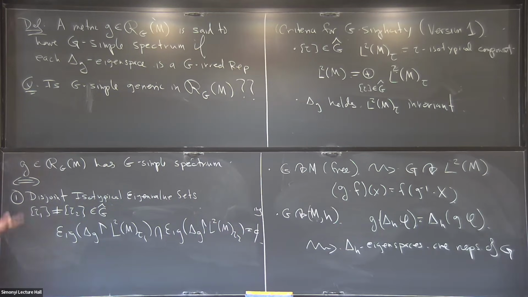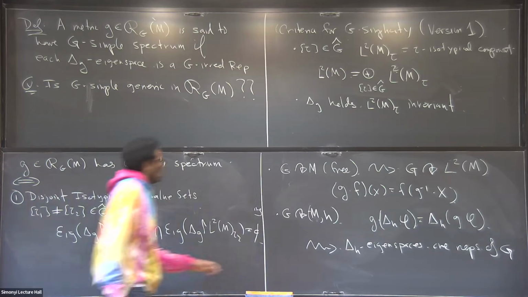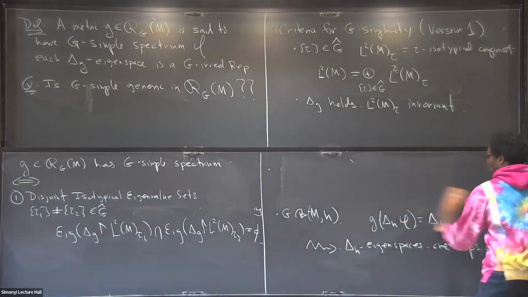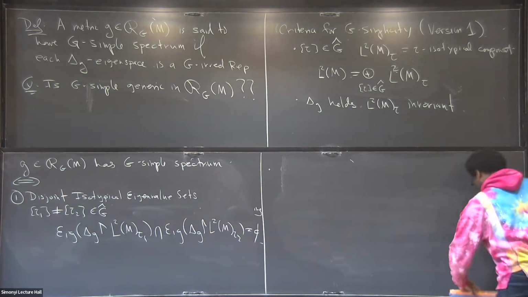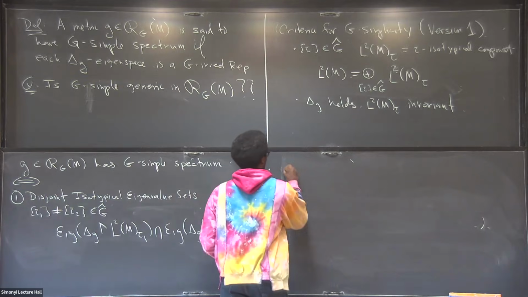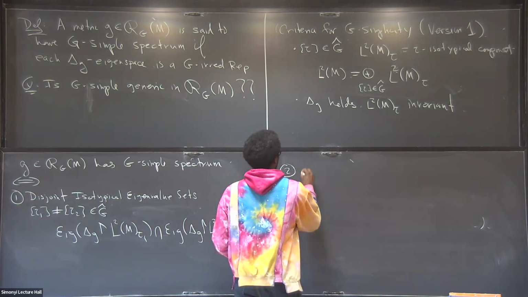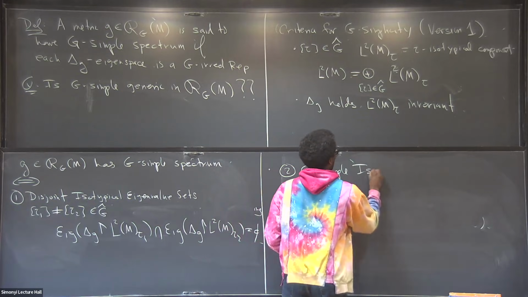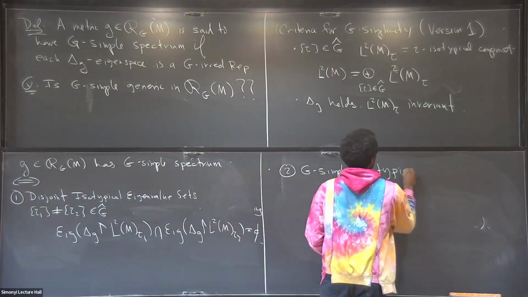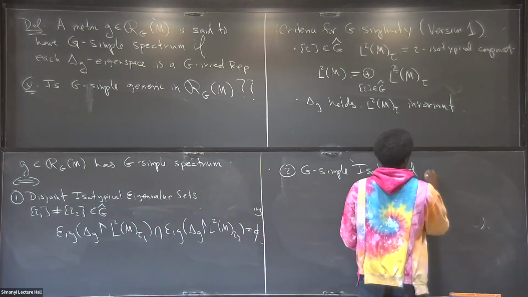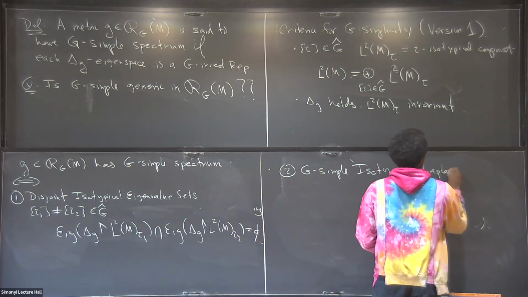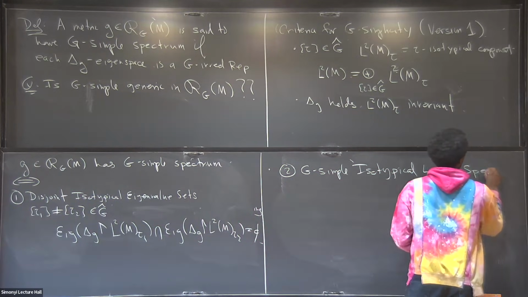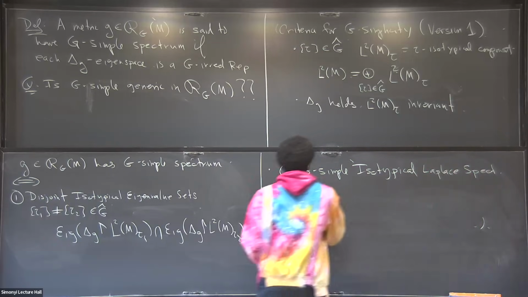And then the next thing would just be that on each isotypical component, you actually need to have this G-simple spectrum. So two. So we'll call this G-simple isotypical Laplace spectrum. And so it's just what I said.